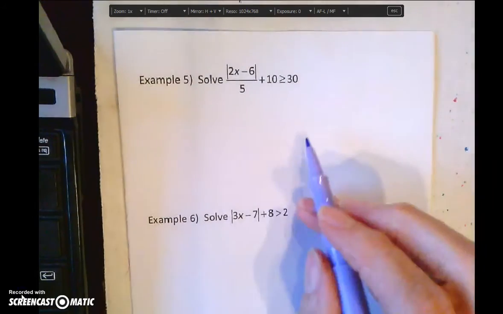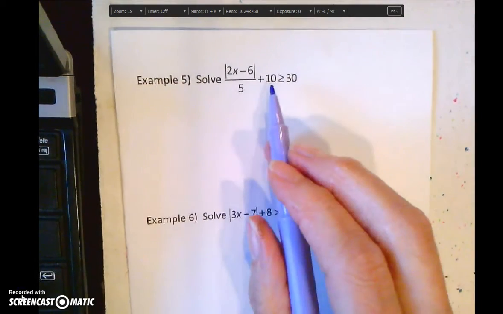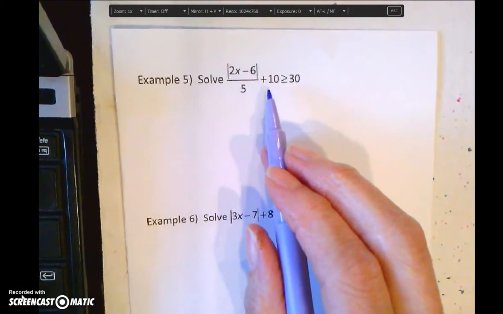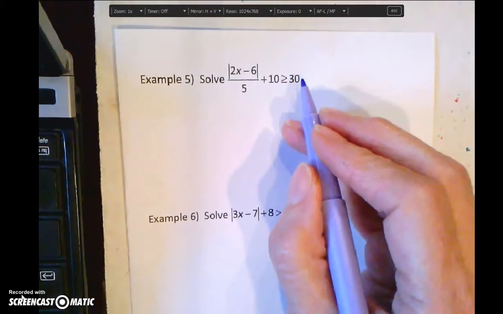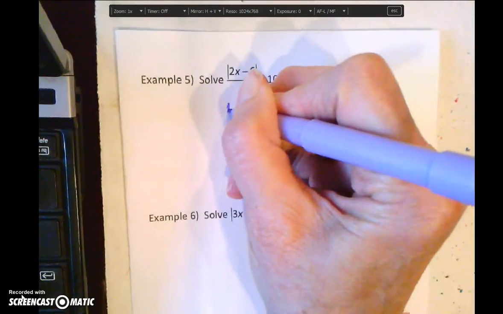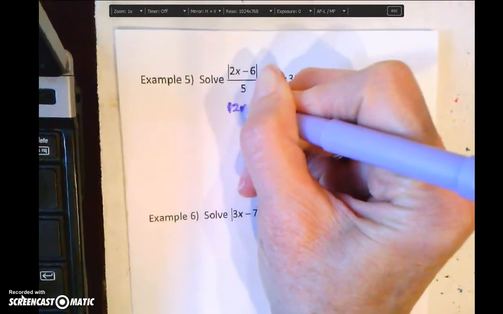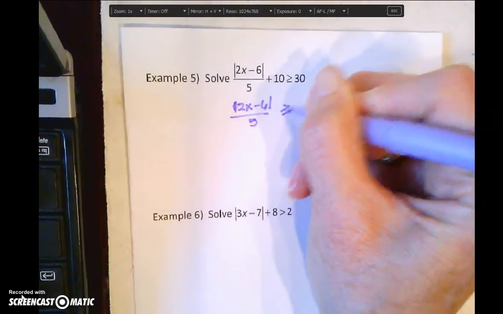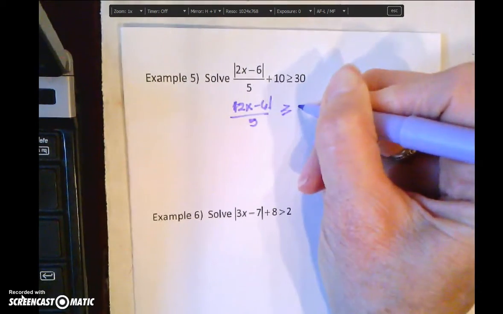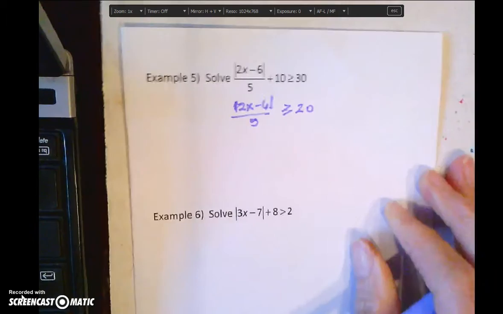So example 5, again, we need to isolate first before we can break it apart. So I need to move my 10 first. I'm going to subtract 10 from both sides, and that's going to leave me with absolute value of 2x minus 6 over 5 is greater than or equal to, subtract 10 gives me a 20.